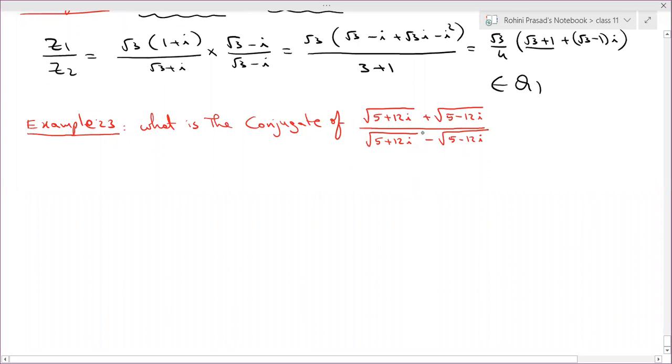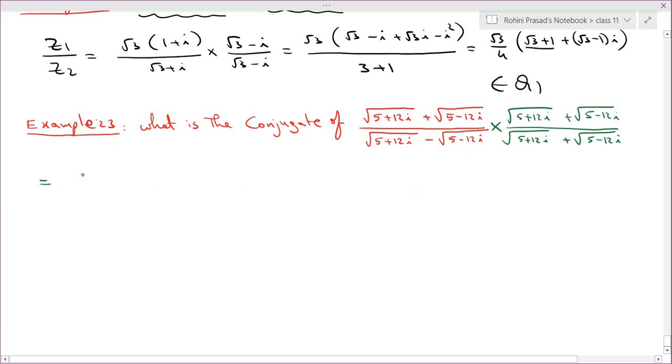Question asked is to calculate the conjugate of this. So if you could simplify this, then you can find the conjugate of it. To simplify, you multiply with the rationalizing factor in the denominator: root of 5 plus 12i plus root of 5 minus 12i.